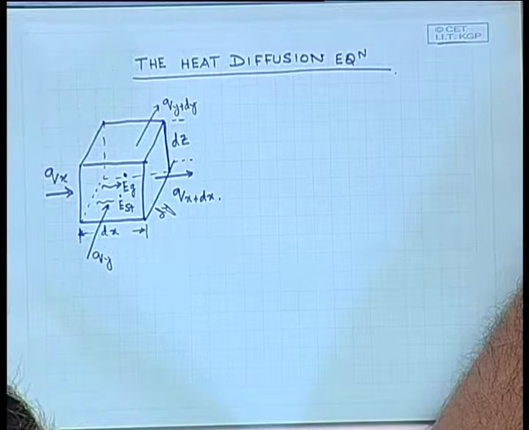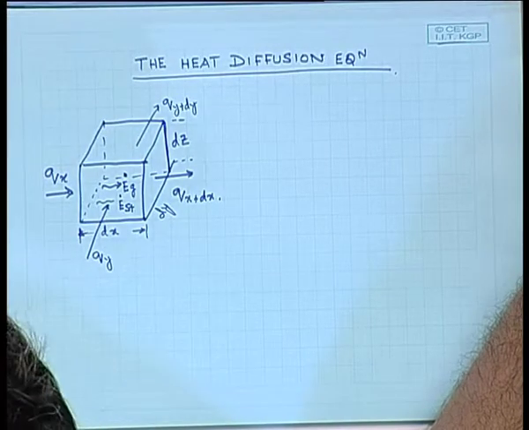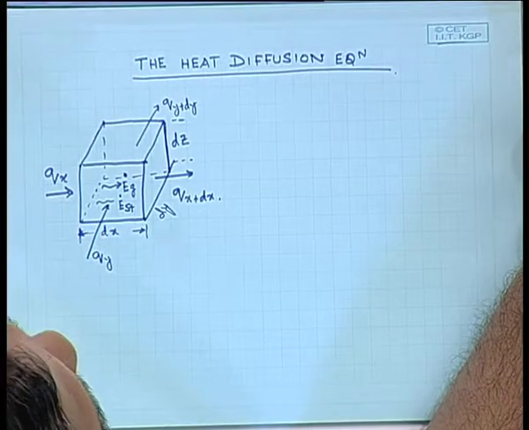Apart from that, there may be a situation in which heat may be generated inside the system as well, the combined result of which is a change in temperature, maybe with time, maybe with position inside the solid object. What we will try to develop today is an equation which would give us the temperature inside the solid as a function of its position as well as a function of time.